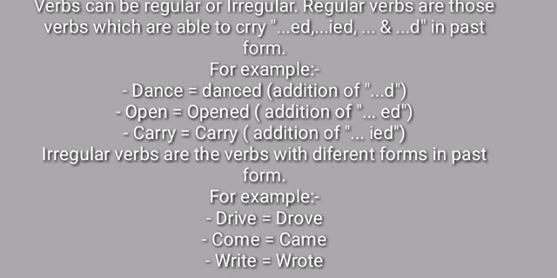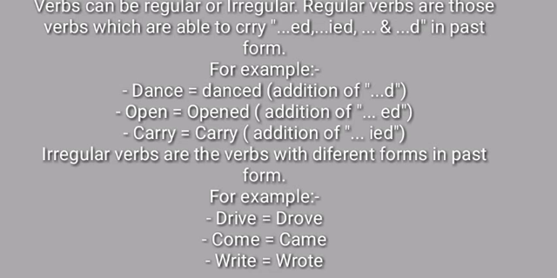And on the word open, we say opened. Also, we have added the ed at the end. Also, carry is carried, addition of ied. Therefore, you may see there is addition of d, ed, ied at the end of a word. That is regular verbs. Let us see now irregular verbs.